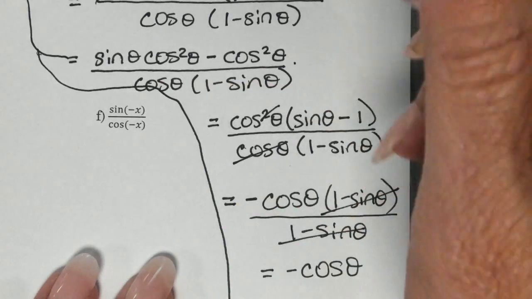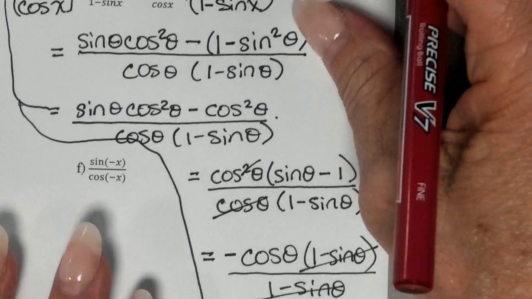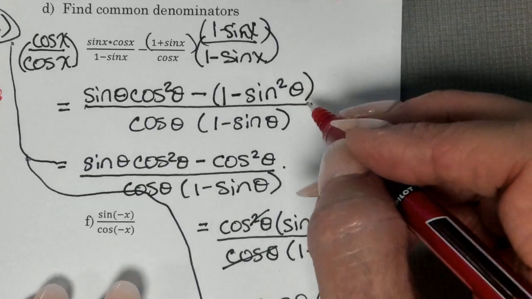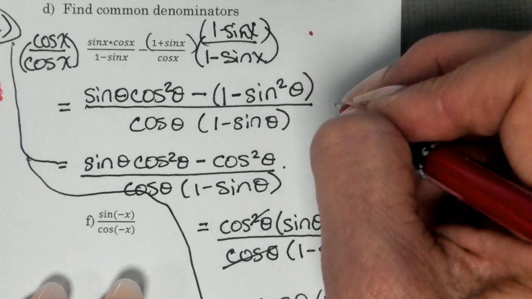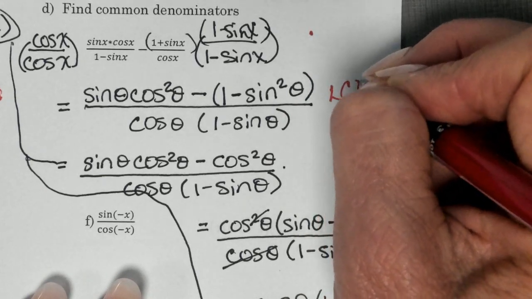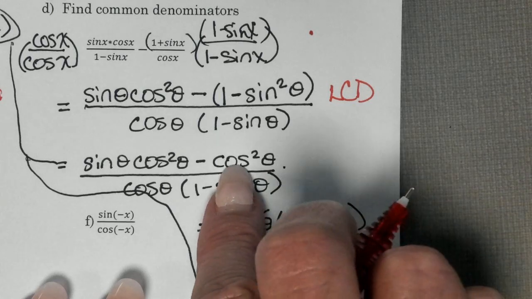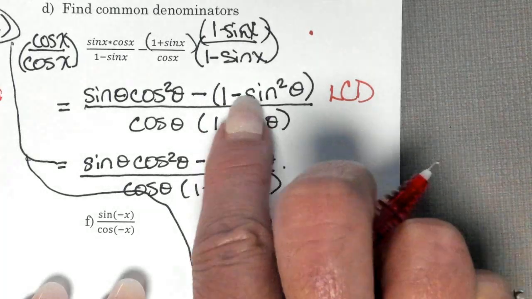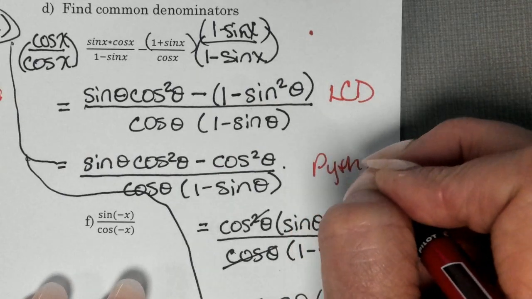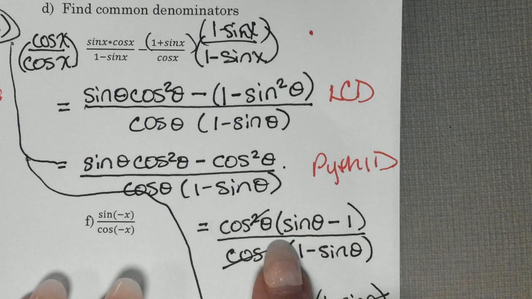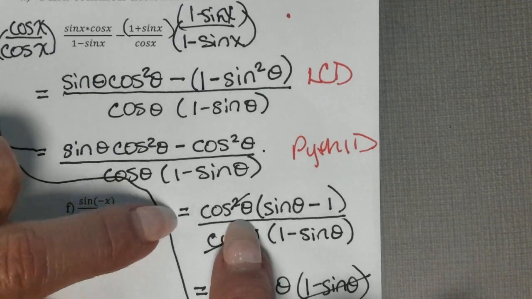These get a little bit more difficult when you have to get the common denominators. So to start off, I did the least common denominator. Okay? Then after that, I replaced this with the Pythagorean identity. After that, I managed to factor.